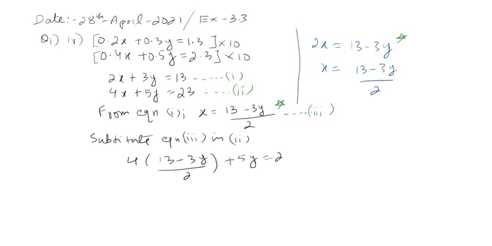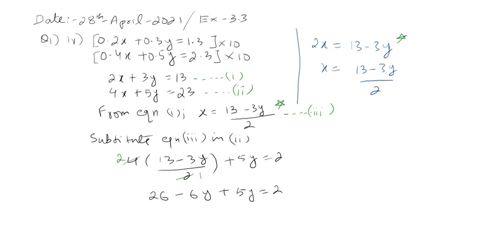If this is cancelled and we get 2, so 2 ones are and 2 twos are. If I directly cancel, I'll multiply the bracket now. This is 26 minus 6y plus 5y is equal to 2, right? You can see this is a linear equation in one variable, so I can solve it and get the value of y.